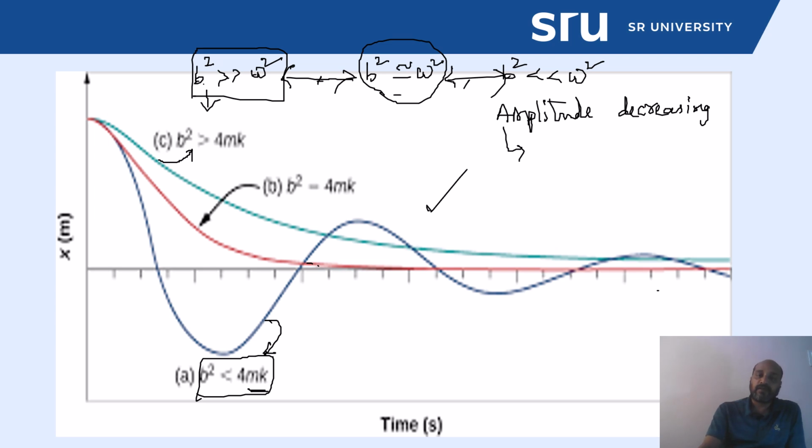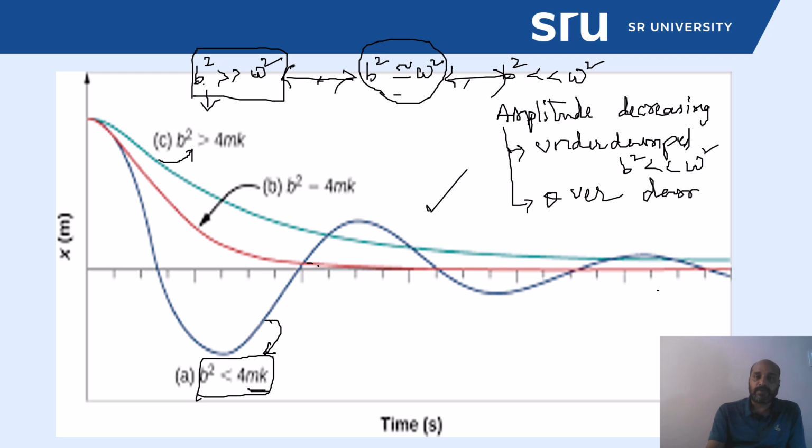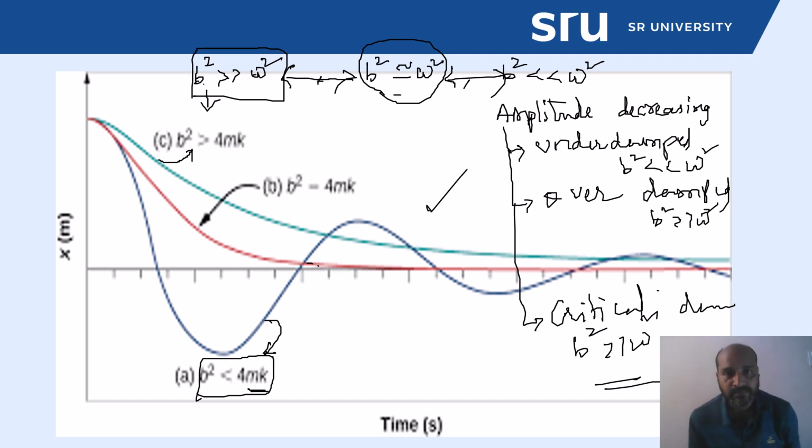Decreasing slowly when it is under damped, where b square is much less than omega square. A little bit faster in case of over damped, where b square is much greater than omega square, and very fast in case of critical damped condition. And these under damped oscillators are generally the practical oscillators.